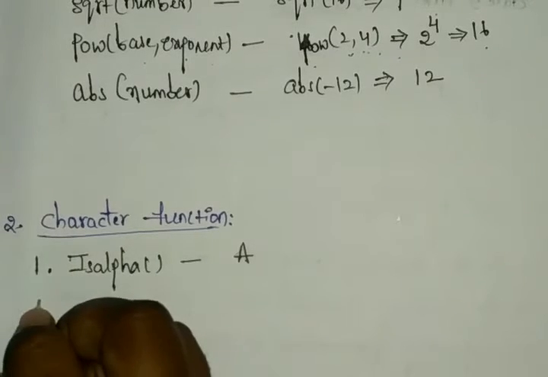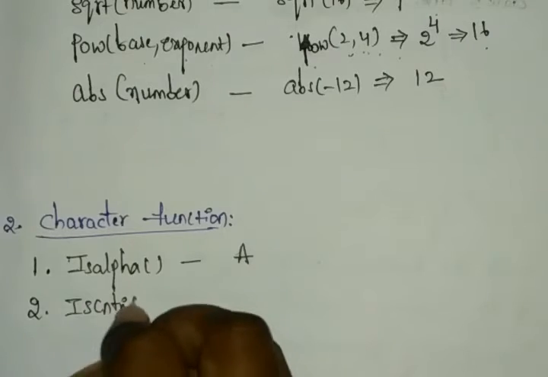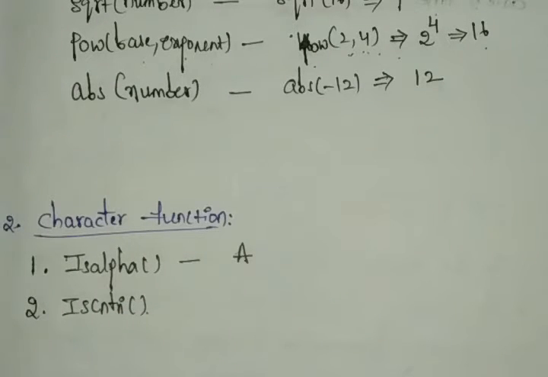And next here we have the iscntrl. In this function, whatever character the user enters, it checks whether it is a control character, like a new line, and it can perform backspace, new lines and so on. Otherwise it returns 0 only.